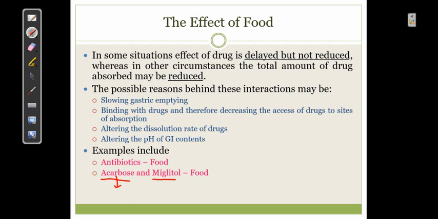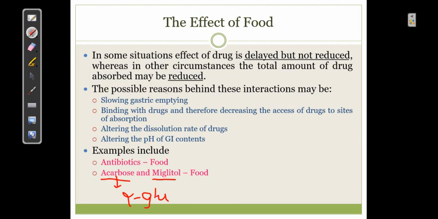Now, in those diabetic patients who are not able to control their diet, these medications are given just before the food, right. Why are they given before the food? Because if they are given before the food, they will inhibit the alpha glucosidase enzyme, and if this enzyme is inhibited, the rapid rise in the glucose level of the patient can be prevented.